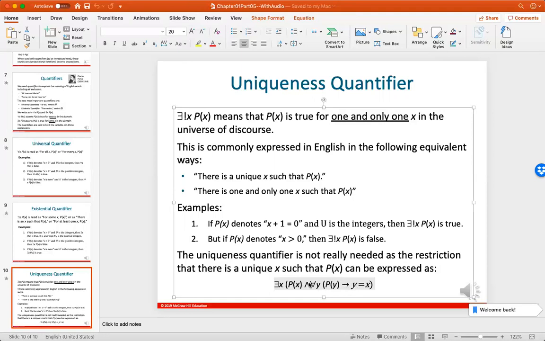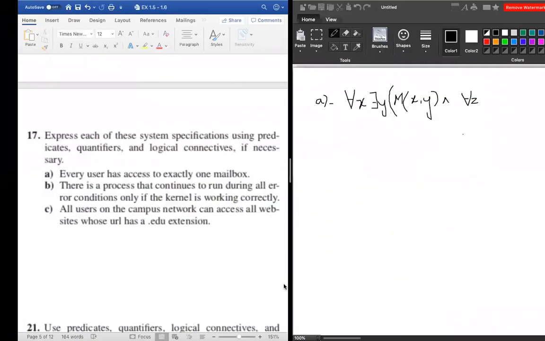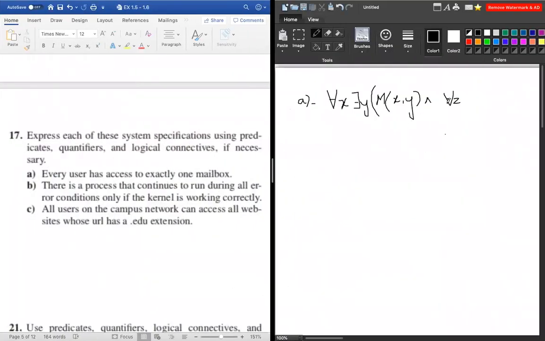So we have the implication, and then there exists an x. Okay, so we will be doing the same thing. Just hold your questions for a minute. Maybe it will become clear to you.